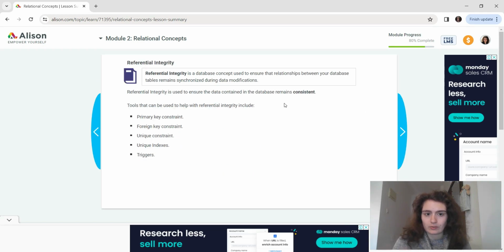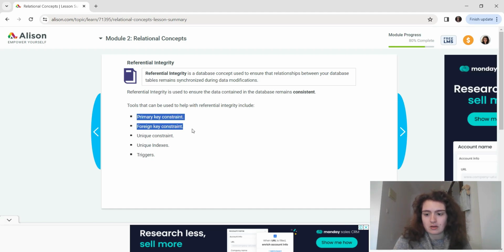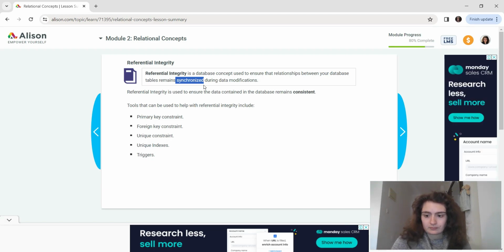With this idea called referential integrity, which involves the implementation and utilization of constraints, namely the primary key and the foreign key constraints, to ascertain accurate data between database tables that have been normalized. And the word for it is synchronized, so that the tables are synchronized or the data between them is the same.